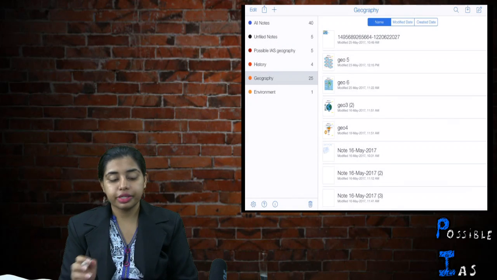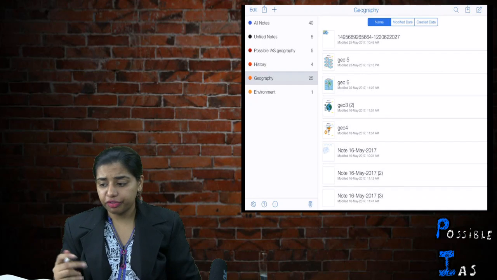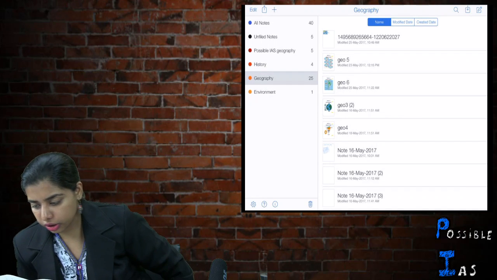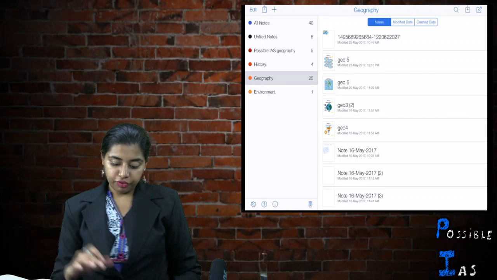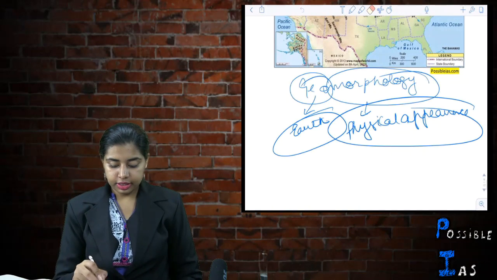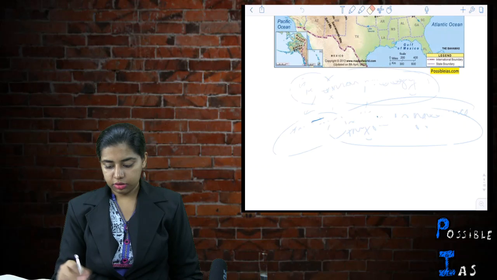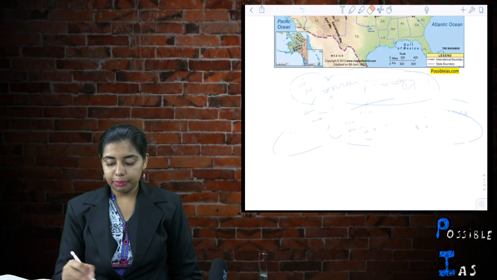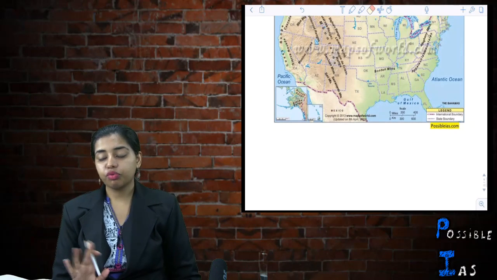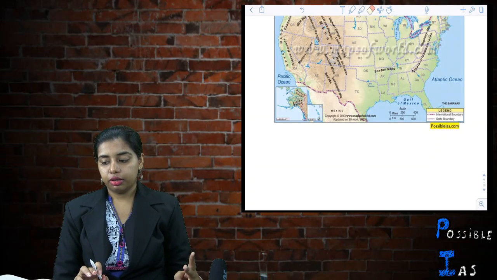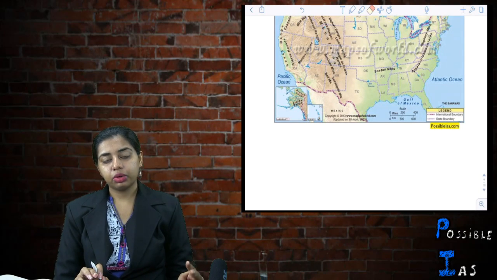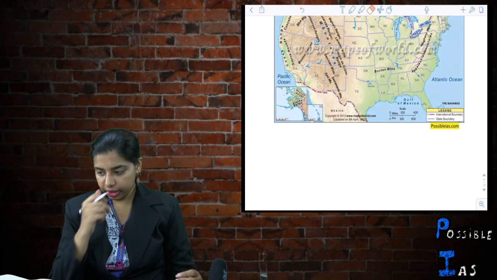Okay, so it is not always related to that. There are other different types of volcanisms and other different types of mountains that are formed. So the first thing that we are going to study is type of mountains. So we will be studying four types of mountains: fold mountains, block mountains, volcanic mountains, and residual mountains. Okay.